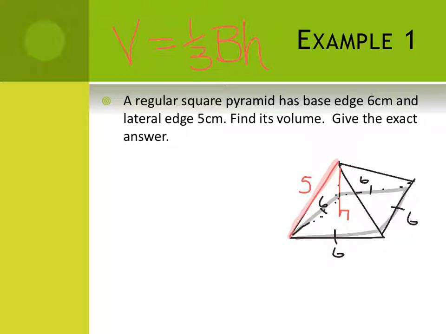So the area of the bottom will be 36 centimeters squared. What's going to be the challenging part is finding that red height that is right at the center of my square. And there are 2 ways that I can go about finding that height.